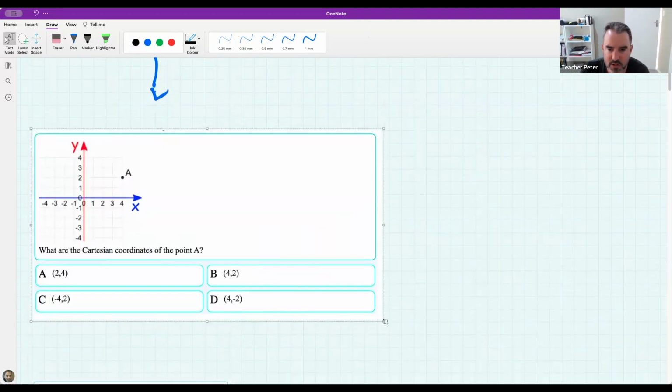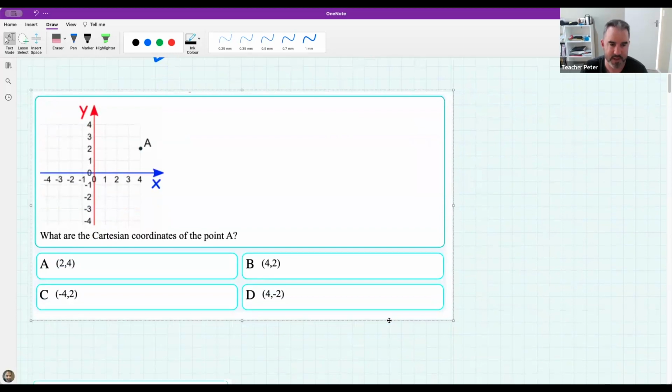Okay, here is your first question of the day. There is a point A sitting on the grid. You need to choose which option is the correct one for the point A, which coordinate pair below is correct. I want you to try and do that for me now.